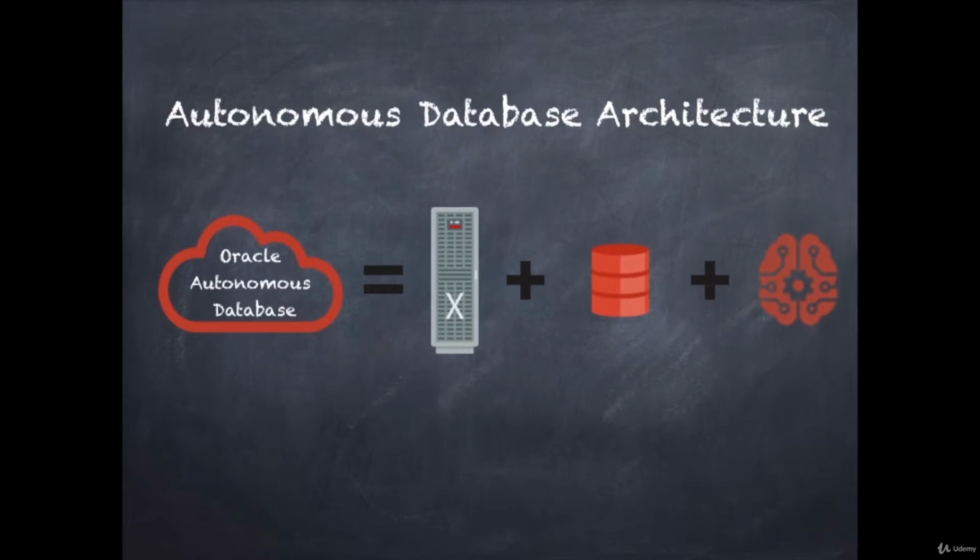On top of this hardware, we have the Oracle database with all its key functionalities and also all the options from the Enterprise Edition. And on top of that, we also have machine learning that helps us with optimizations, failure detection, among some other tasks that we will see a bit later.